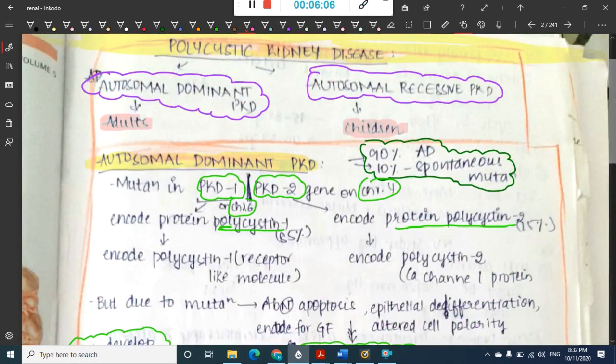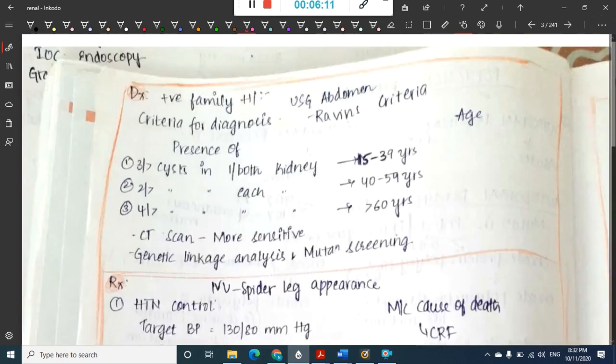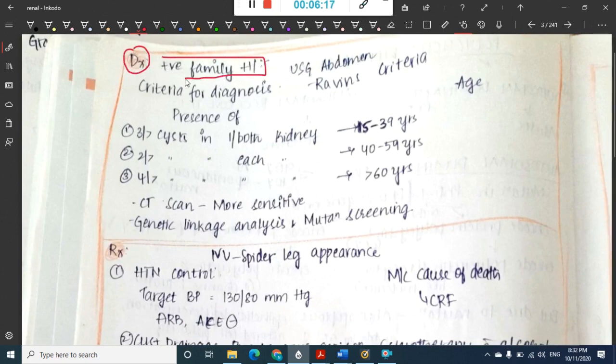So these are the important things in autosomal dominant polycystic kidney disease. Now the diagnosis. The main point is that there is a positive family history, which is important, and you will do USG abdomen. In the USG abdomen you will see the presence of cysts, and for that we have a criteria called Ravine's criteria for the demonstration of cysts.